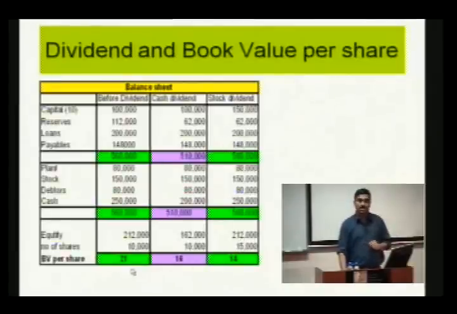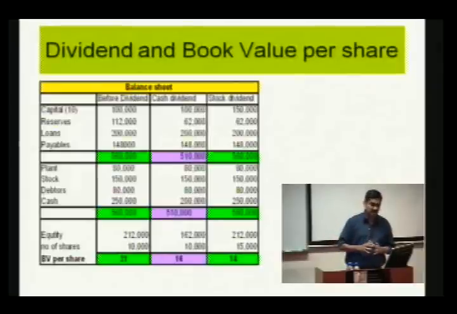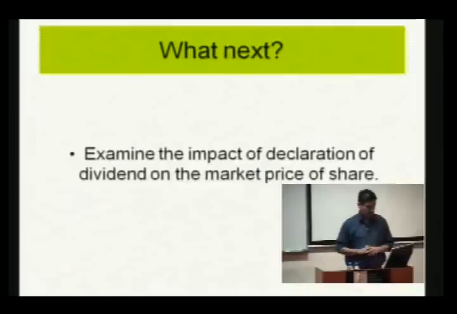So, therefore, in both the cases the book value falls from 21 per share to 16 and 14. That means, with the distribution of dividend, whether as a stock or the cash dividend, the book value per share falls. So, there is an assumption that all other things remaining constant, the distribution of dividend leads to the fall in the price. In an accounting class, we say that is because the book value per share falls.